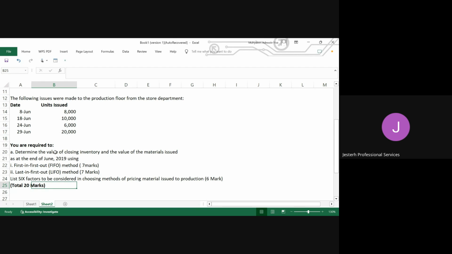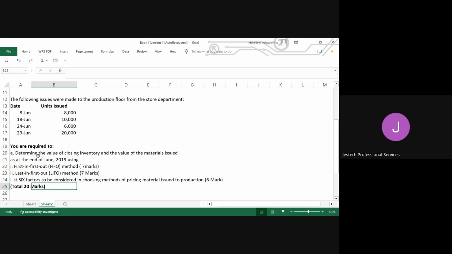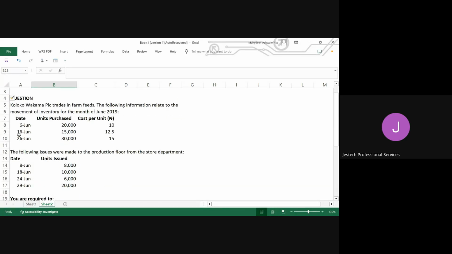Then you can go back to the question. Once you know what they require you to do, that will help you know where to start from. In this question, they ask us to prepare FIFO and LIFO, first in, first out. Now let's move to the question. They say Koloko Wakama PLC trades in farm feeds.